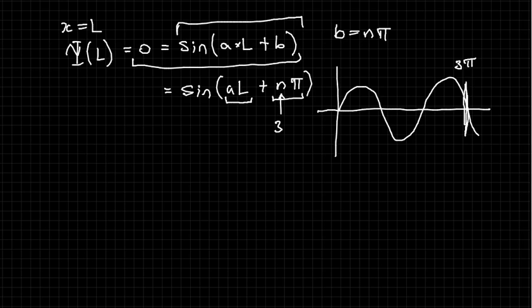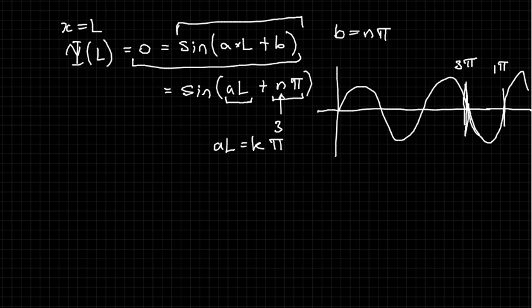So basically what we need again is a multiple of pi, and we've already got a multiple of pi here. But what we need is that a times L has also got to be equal to a multiple of pi, and we can see that.